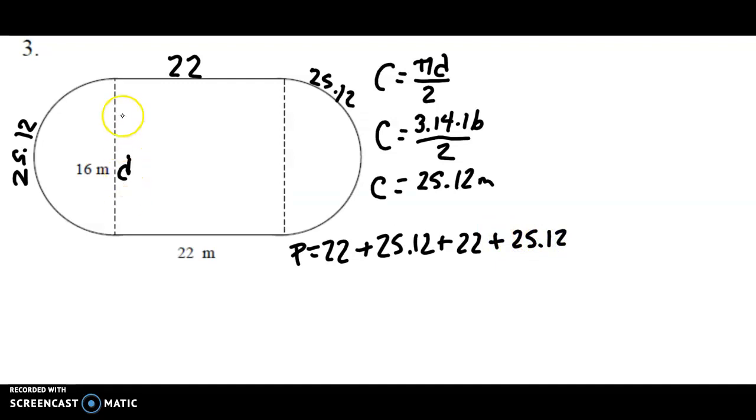Notice I'm not adding the 16s because the 16s are not along the outside or around the object. And I'm going to add them together in my calculator, and I'm going to get the perimeter is 94.24 meters.